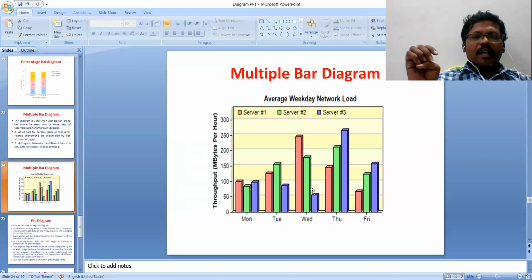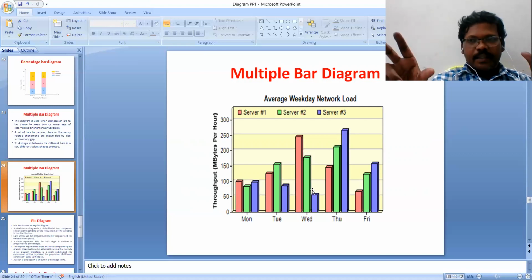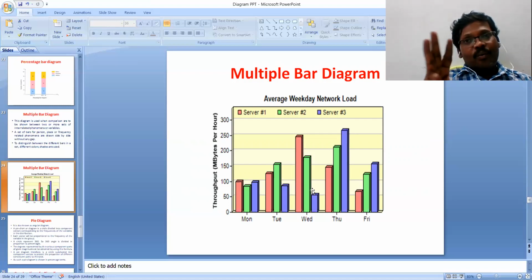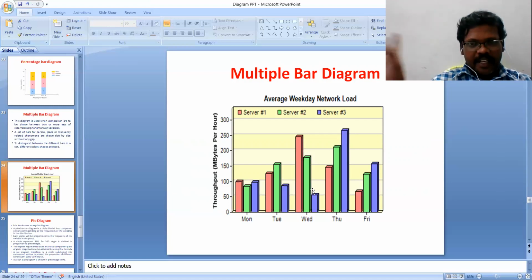For example, we can explain three people's weekly work in a multiple bar diagram.